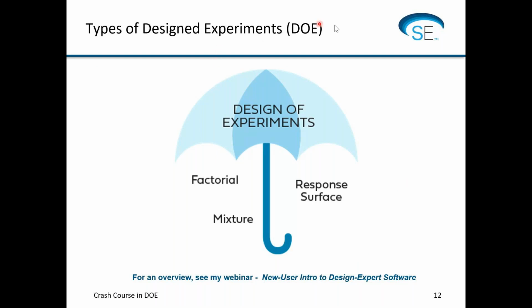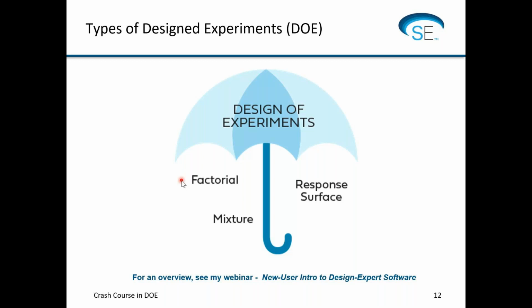So there are multiple types of design of experiments. We mentioned factorial, and again, those are designs that have been around for perhaps a century or so. Very effective. I would say that to date, probably factorial designs have been the most utilized type of DOE.